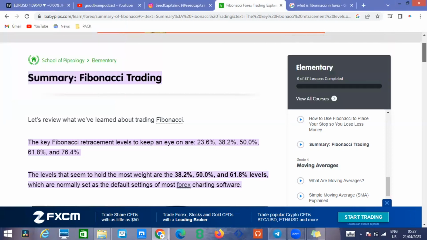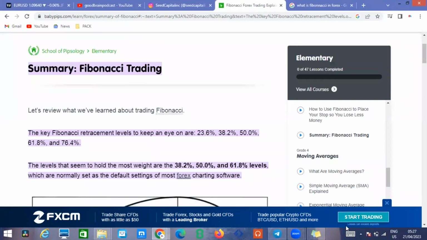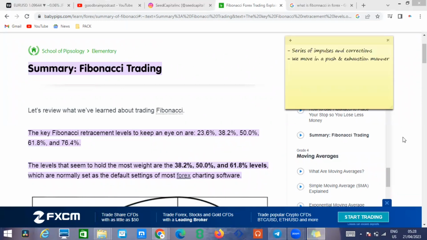Okay, so now let's go through babypips.com. The reason why I have babypips.com up today is because this is the website that I actually used to learn, and I do believe I am at a fairly good level where I have developed my system and tweaked it slightly over the years. That would have never really happened if it wasn't for babypips.com.